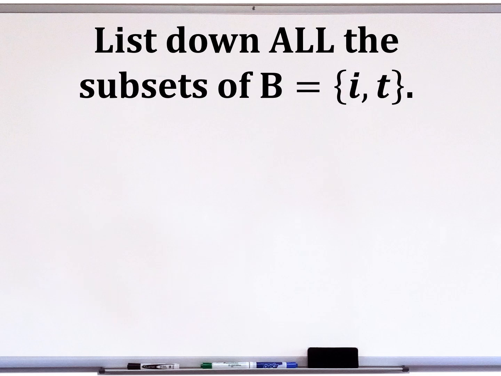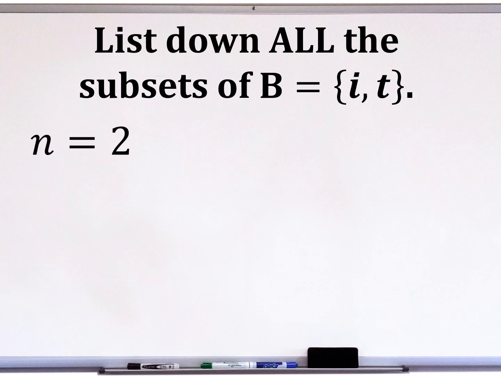So let us now go to the next example, and you are asked to list down all the subsets of set B, which contains 2 elements, specifically the letter I and the letter T. As you can see here, the cardinality of set B is 2.